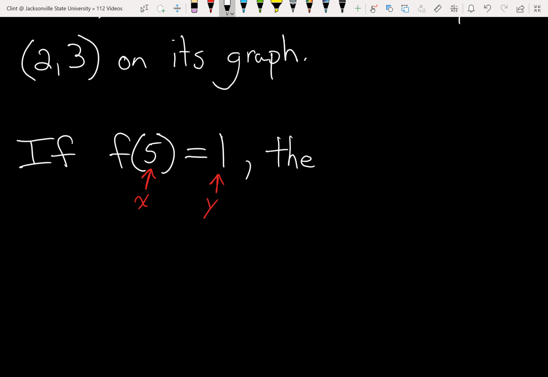Then we know f inverse of 1, what's that going to be? That has to be 5, right? They're just backward, they're switched. I made a little typo here, this is supposed to say then. So if f of 5 equals 1, then f inverse of 1 equals 5. We're just switching x and y around.